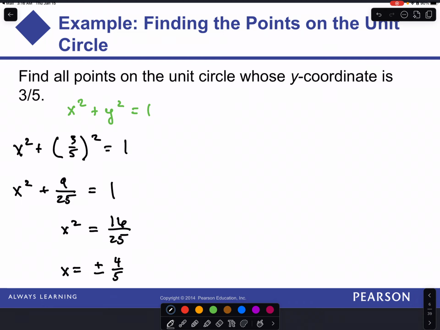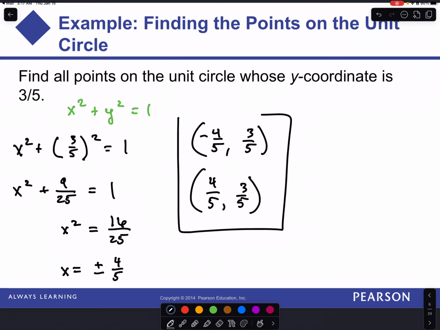So for all points on the unit circle whose y-coordinate is positive 3/5, it looks like I'm getting 2. Namely, the ordered pair negative 4/5, 3/5, and also positive 4/5, 3/5, because when we plug these x and y values into the unit circle equation, they both equal 1.